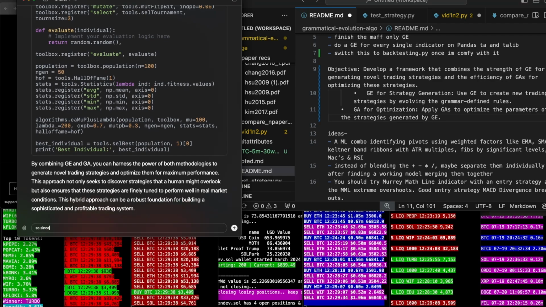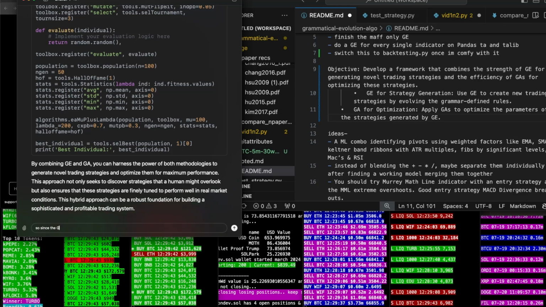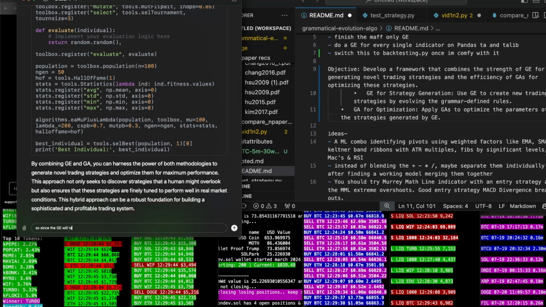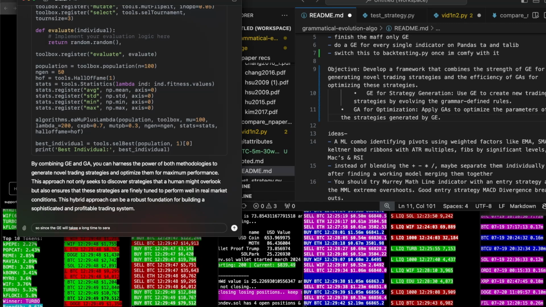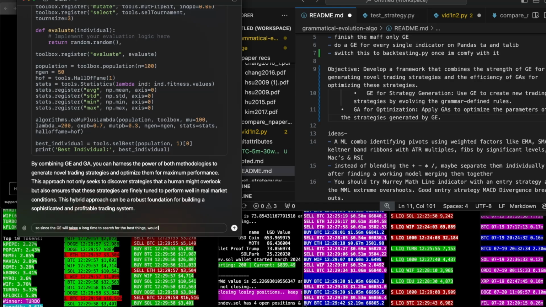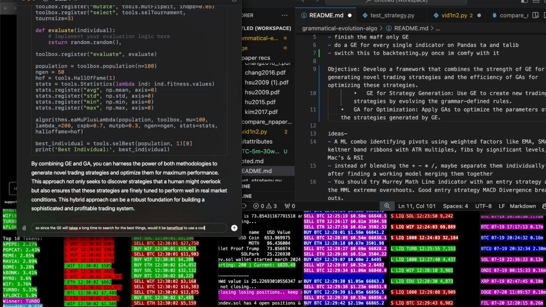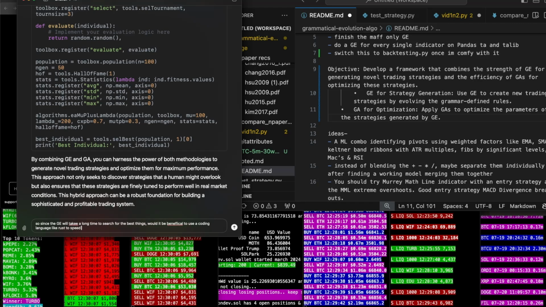So since the GE will take a long time to search for the best... No, I'm not going to say that. I'm just curious: would it be beneficial to use a coding language like Rust to speed up the search?